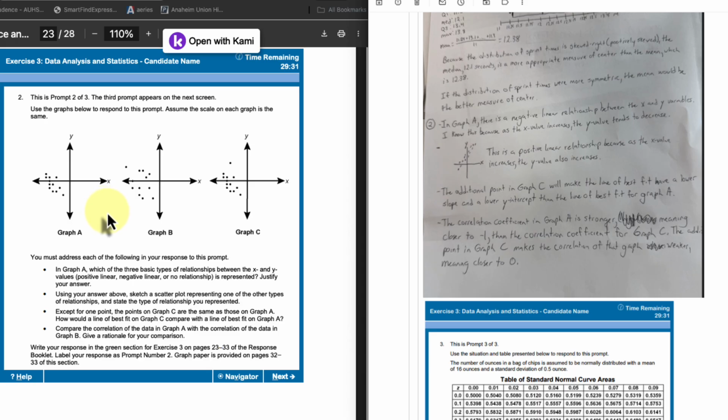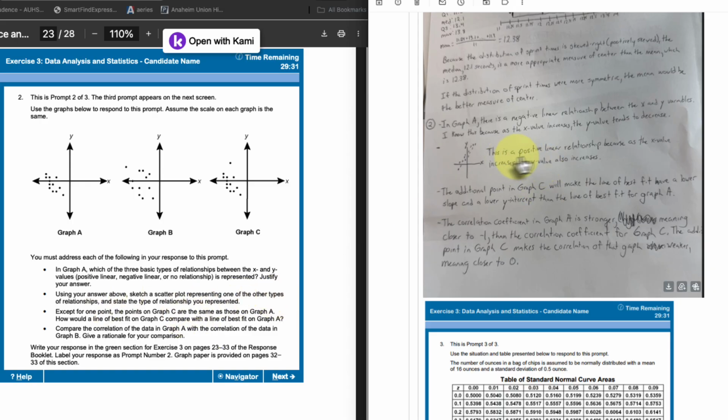I think that's fine. If you had time, you could mention the points sticking together by the correlation R value. Okay, next one: use your answer above, sketch the scatter plot reversing one of the other types of relationships and state the type.